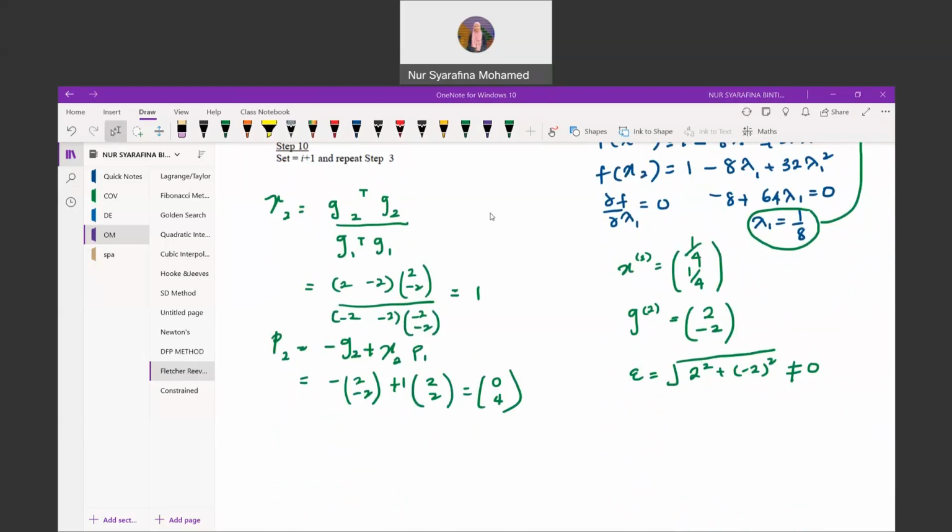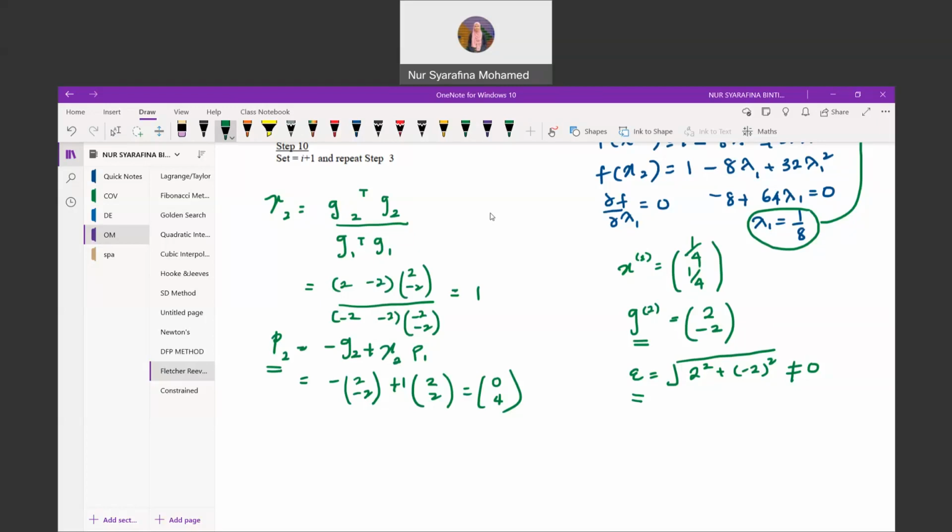So why do we have to find P2 here? Because our G2 does not fulfill the stopping criterion. So we need to proceed with the next iteration point. In order to proceed to the next iteration point, we have to have P2, and this P2 needs gamma 2. So that's why we have to calculate gamma 2 first and then P2.